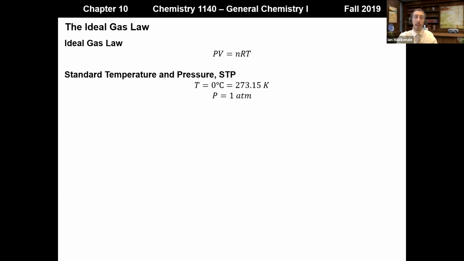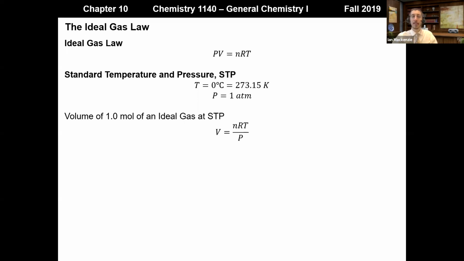And with that information, we can use the standard temperature and the standard pressure to calculate the volume of 1.0 moles of an ideal gas at standard temperature and pressure.